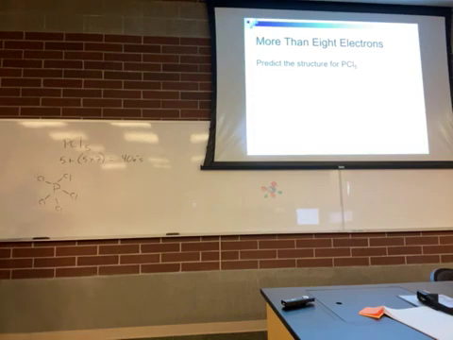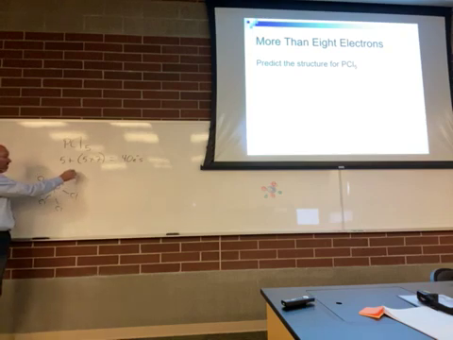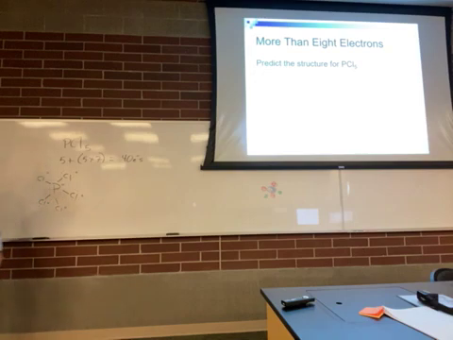So what's 8 times 5? 40. So let's calculate the formal charge on phosphorus here. Phosphorus is 5 valence electrons, minus half of 10 is 5, so it's happy. Its formal charge is 0, and all the chlorines are 0, and so this molecule is what it is.